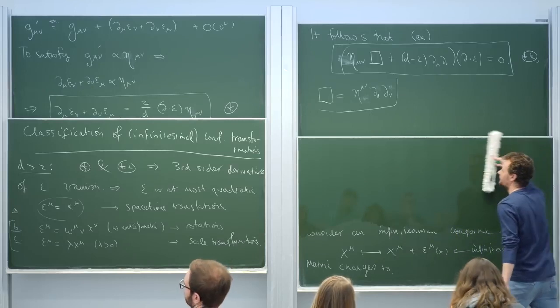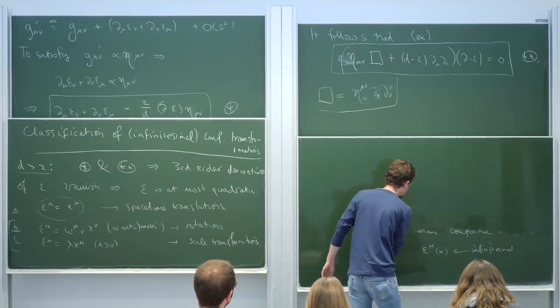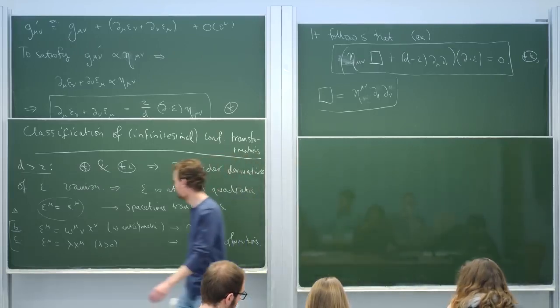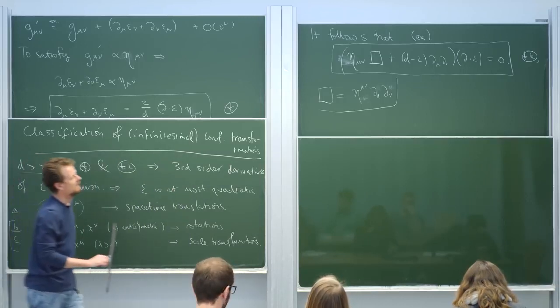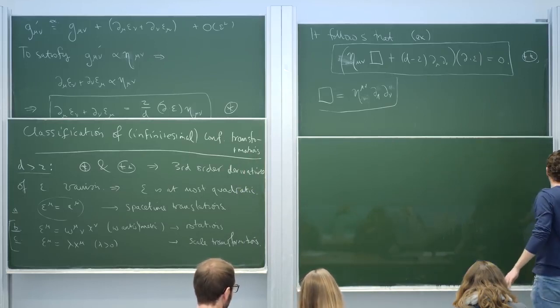So we can see that this group has the Lorentz group as a subgroup, or the Euclidean rotation affine group as a subgroup. All Poincare transformations are in there. And we get something more, scale transformations.